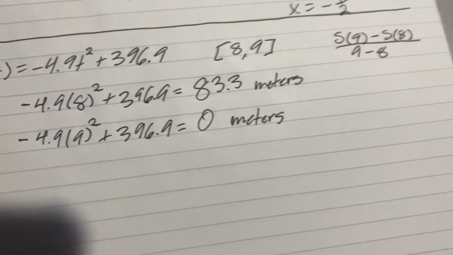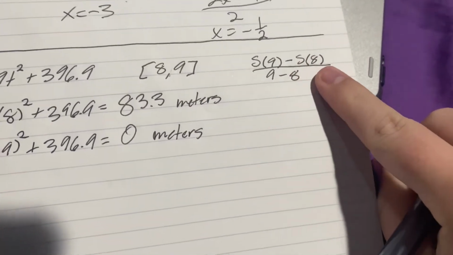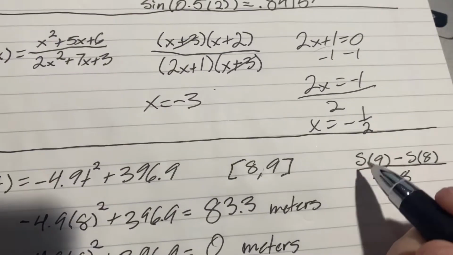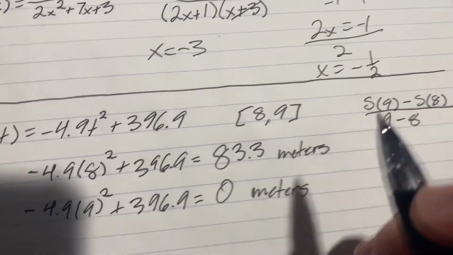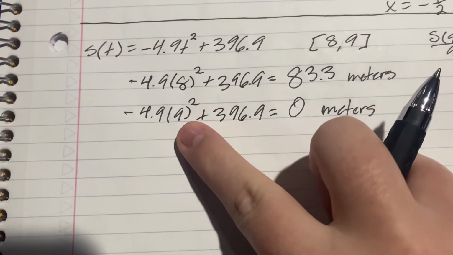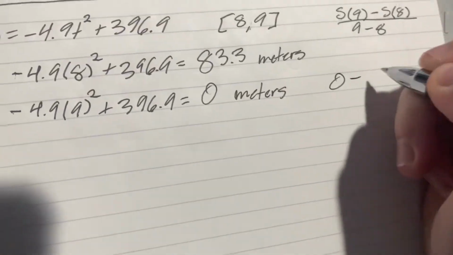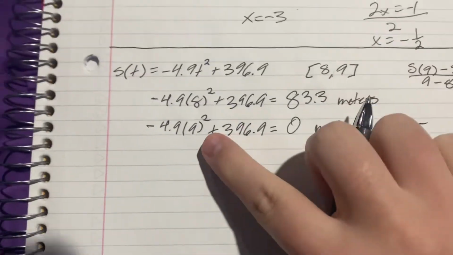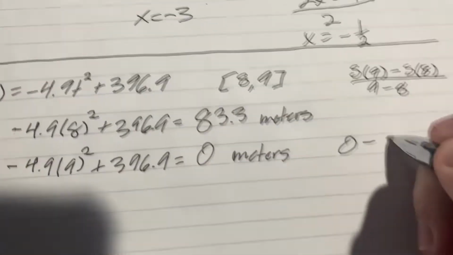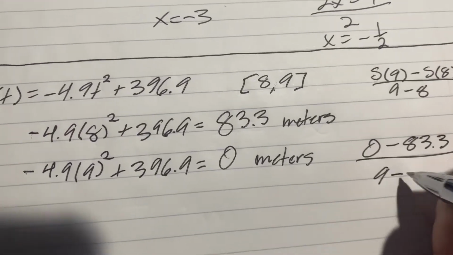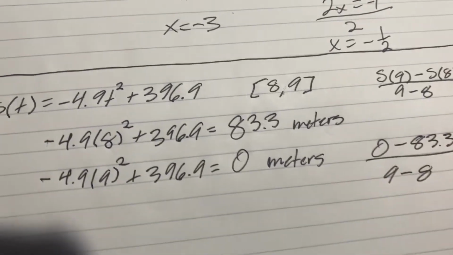So then we're going to use this equation right over here for the average rate of change. So we see that S9 is this equation right here, because this is where we plugged in 9. So you're going to go ahead and go 0 minus, and then this number that we got from plugging in 8. So 83.3 divided by 9 minus 8.